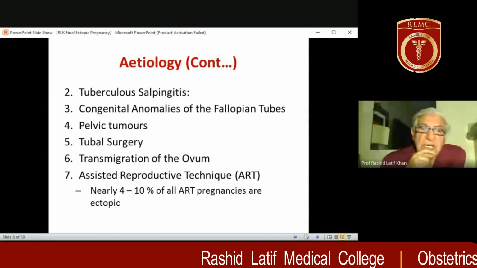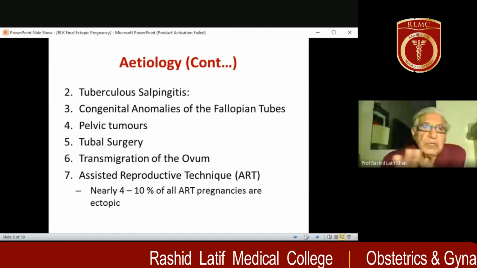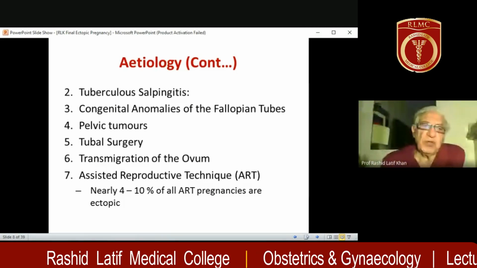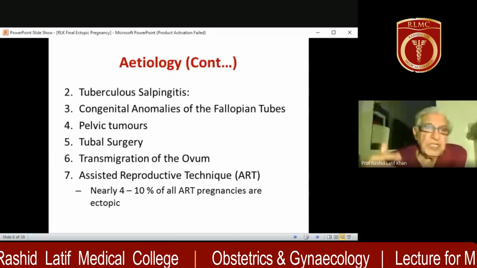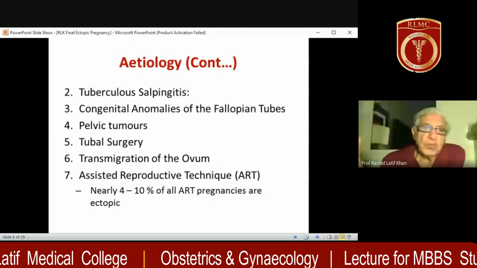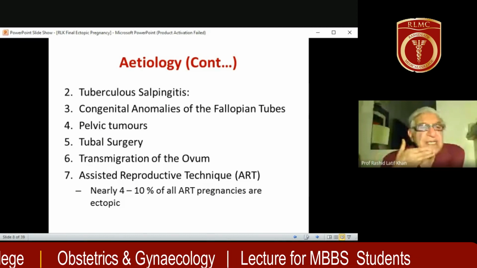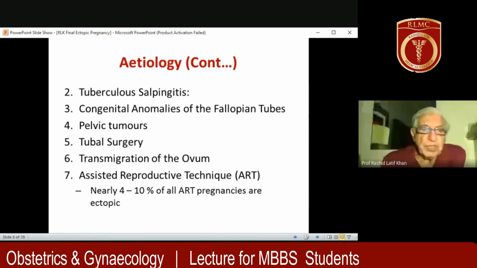Mind you, remember that the embryo cannot move on its own. It is pushed by cilia of the fallopian tubes, ciliary activity of the fallopian tubes.